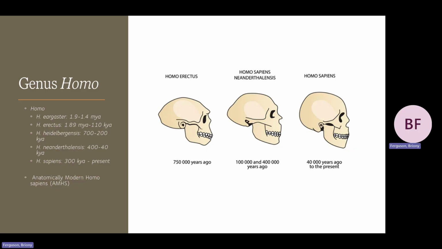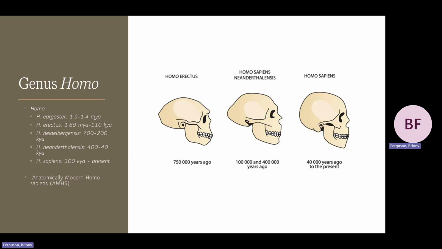Now, sometimes early Homo sapiens will be called anatomically modern Homo sapiens, or AMHS. This is partially to differentiate because really early Homo sapiens and modern, like today, Homo sapiens do look slightly different.